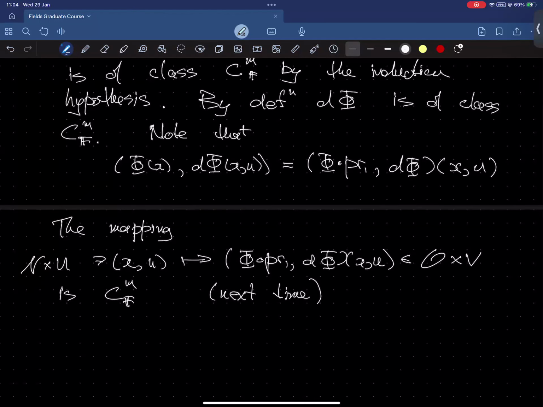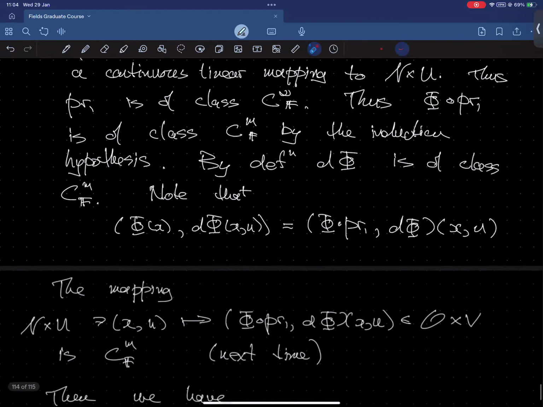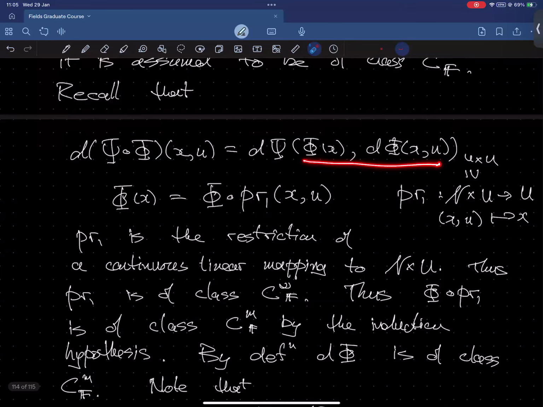And then finally, basically we're taking this formula for the derivative of the composition and breaking it down into its little components, writing it in terms of things, each of which we can verify is of class CM. So we've just verified that this thing as a function of x and u is of class CM, and we certainly know that this is of class CM.